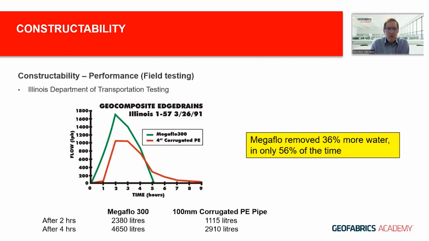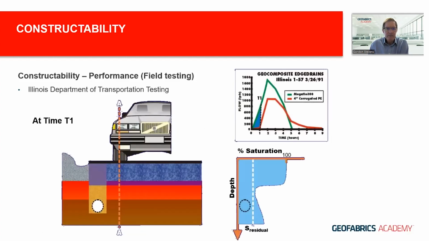In summary, Megaflo is removing 36% more water in only 56% of the time. So I'm going to look at a graphical representation of that particular chart, looking at different stages in hours for this drainage.